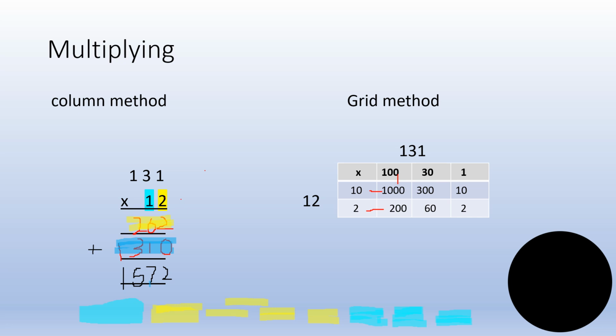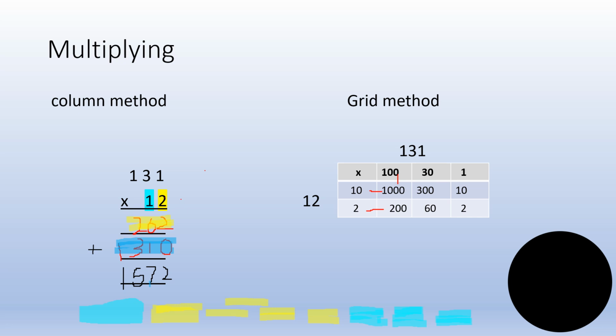Same kind of method over here. I'm doing 10 multiplied by 30 to work out 300. And then 2 multiplied by 30 for this box, which gives me 60. Same method again. 1 multiplied by 10 gives me 10, and then 1 multiplied by 2 gives me 2.